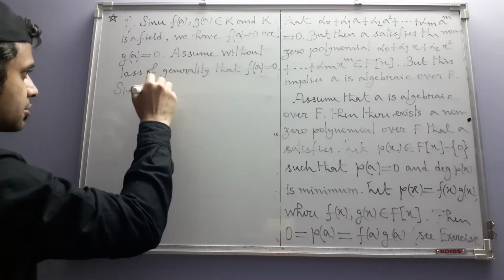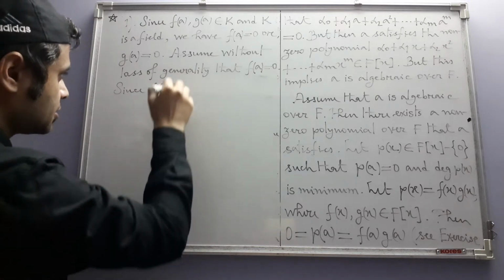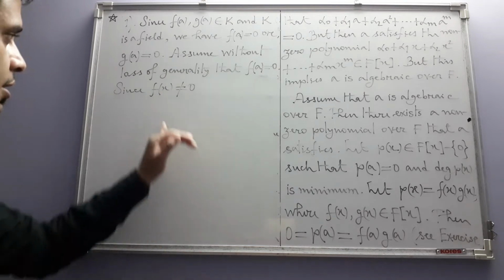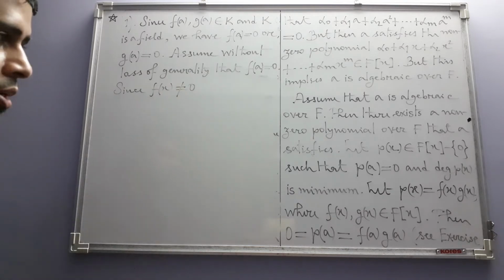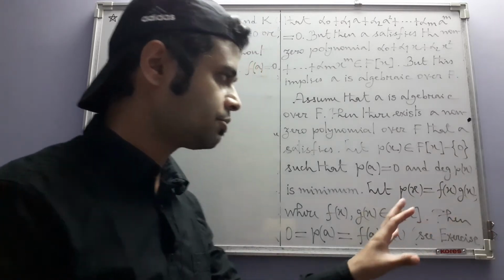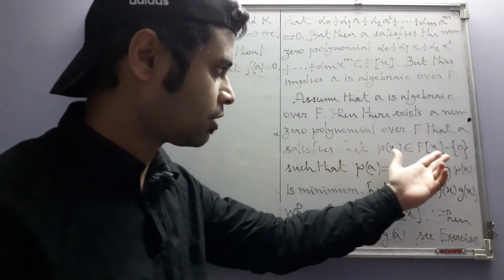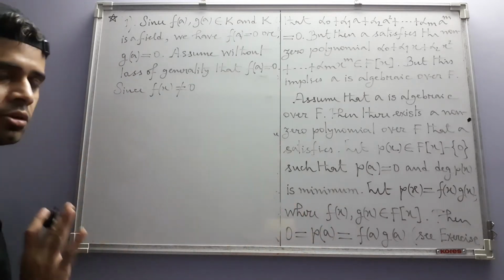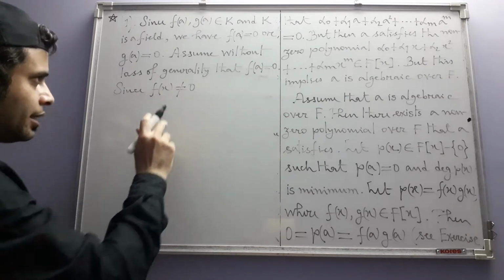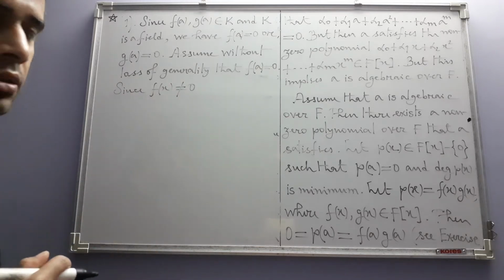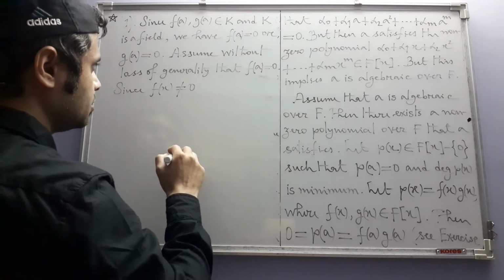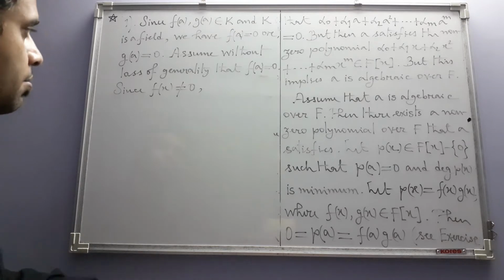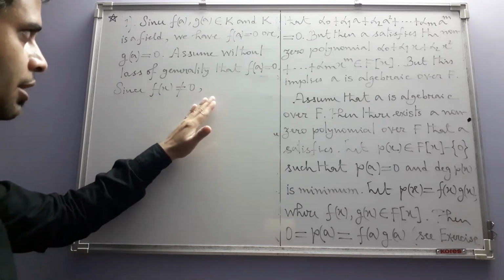Since the polynomial Fx itself is non-zero, why is the polynomial Fx non-zero? It's because if Fx is 0, then Px would become 0, contradicting our choice of Px as a non-zero polynomial over F. So Fx is a non-zero polynomial, and that means it will also have its own degree. Now let us see what we have.